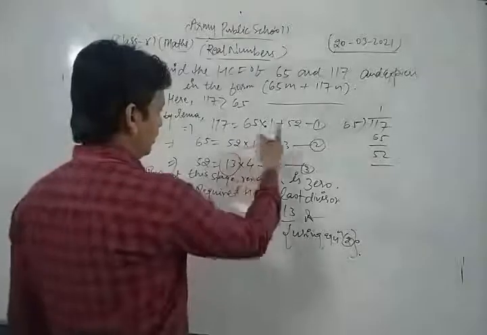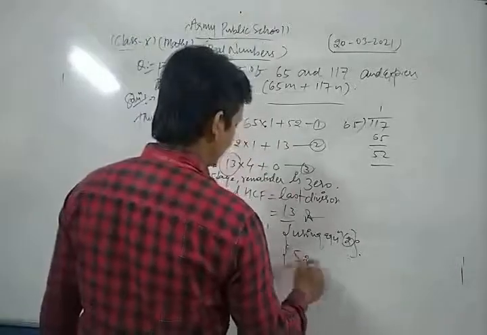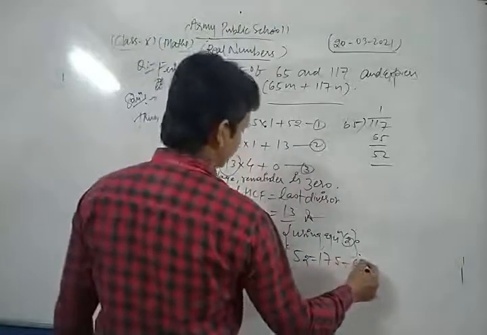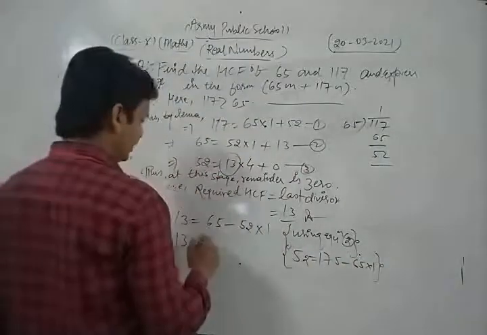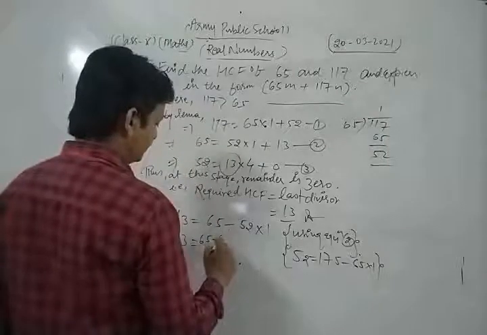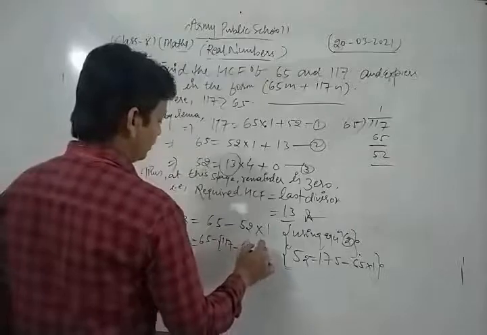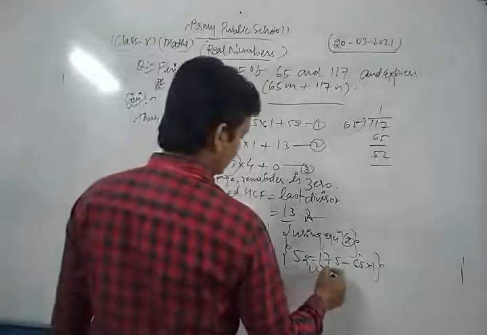Now from equation 1 we can write 52 as 117 minus 65 into 1. This is using equation 1.